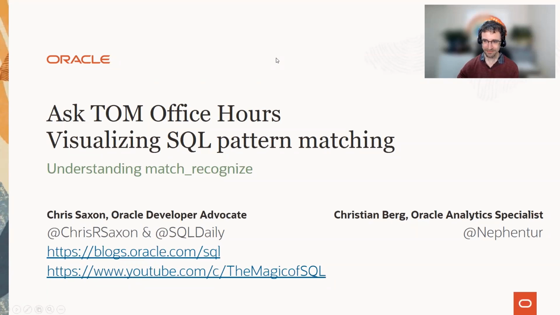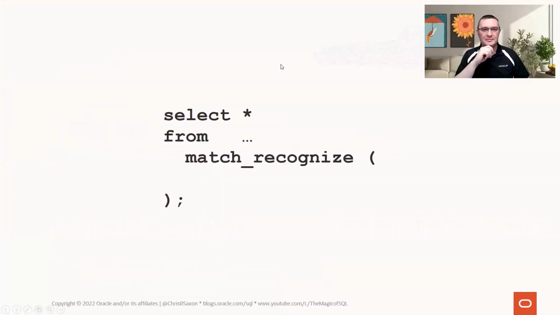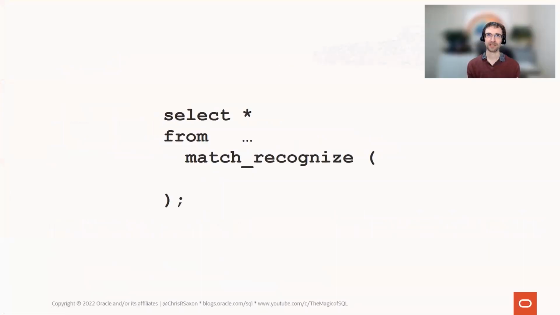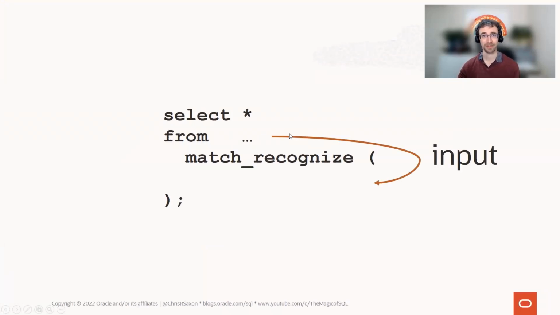Alrighty then. So let's get into this. Before we get into some of the details, just some overview things about pattern matching or Match Recognize. The first thing to note is when you're using it, it comes immediately after the table name. What that means is the table is the input to Match Recognize.